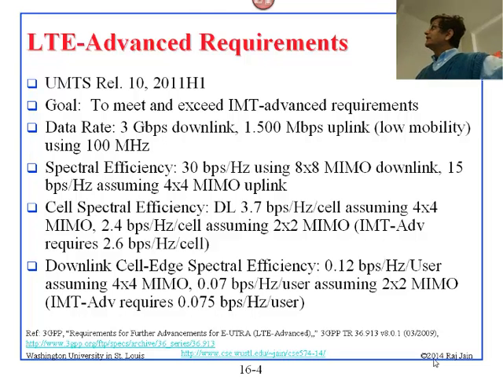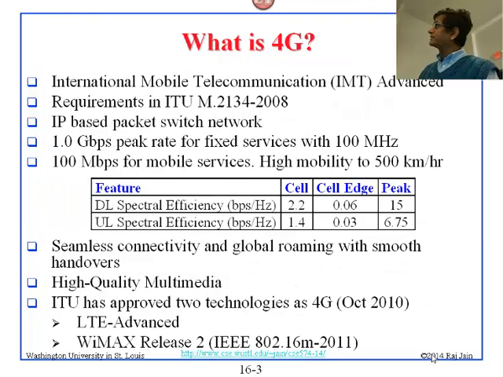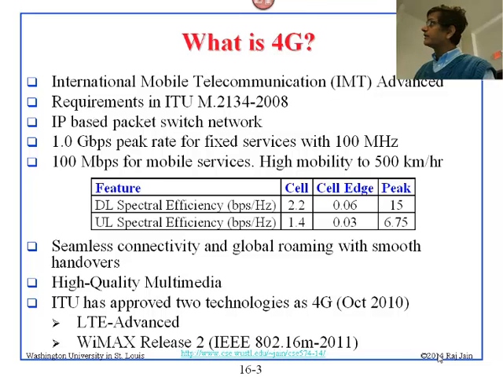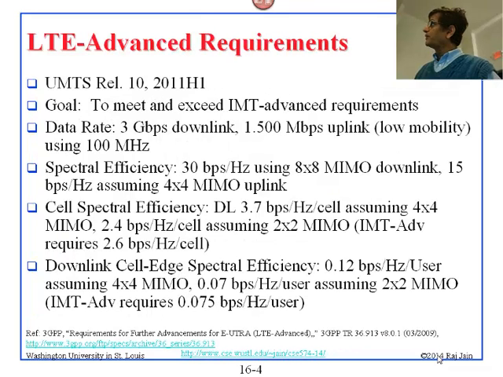Okay? In the mobility situations. Spectral efficiency up to 30 bits. Remember, this corresponds to 15 bits, using 8x8 MIMO in the downlink, and 15 bits using 4x4 MIMO. So we can do whatever they want; they required 15 with 4x4, but we can also do 8x8.